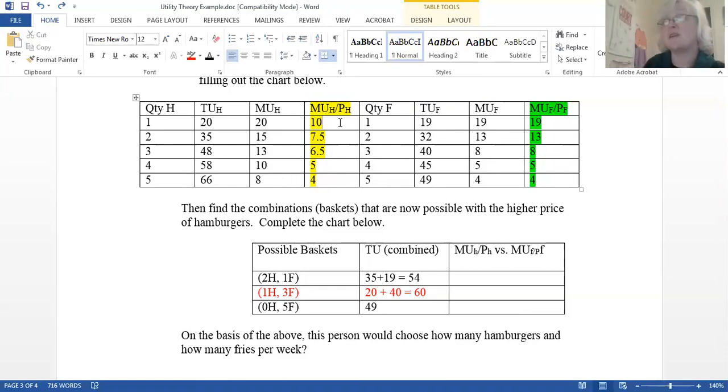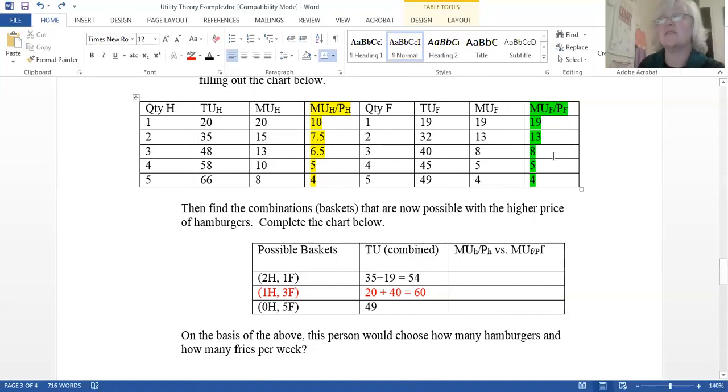So with the $3 I have left, I have to decide: am I going to get the first hamburger, still sitting over here with 10 utils per dollar marginal utility per dollar, or my third French fry? I already have 2 French fries, so the third one is not as important. It's a lower marginal utility per dollar, only 8. In this case, the 10 is higher than the 8, so I'm going to buy the hamburger.